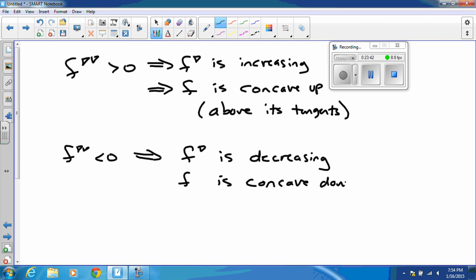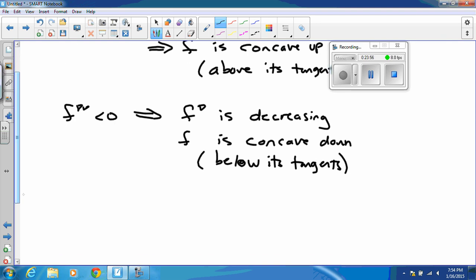Likewise, if f double prime is negative, then f prime is decreasing, and f is concave down. Or in other words, it lies below its tangents.